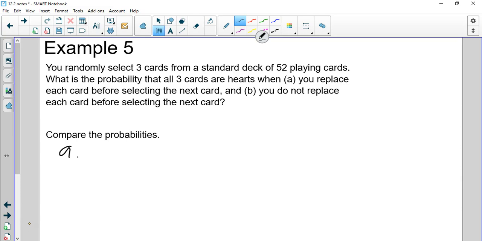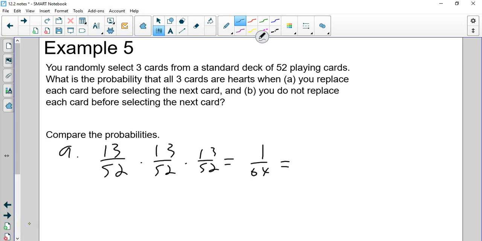So the probability of getting a heart, well, there's 13 hearts out of 52. And if you put it back in, there's 13 hearts out of 52. And if you put it back in, there's 13 hearts out of 52. And you basically just multiply these. And when you do that and reduce it, it comes out to be 1 over 64, or 0.016, 1.6%.